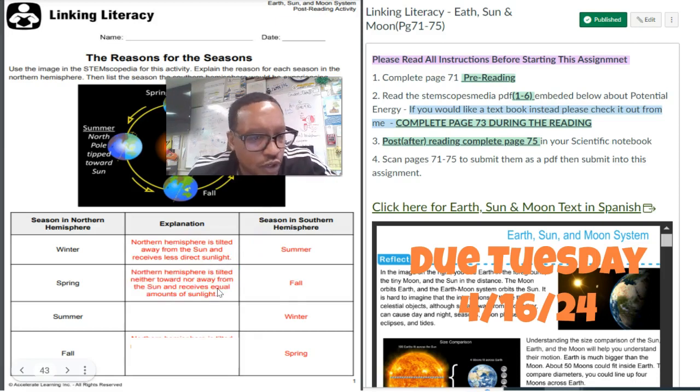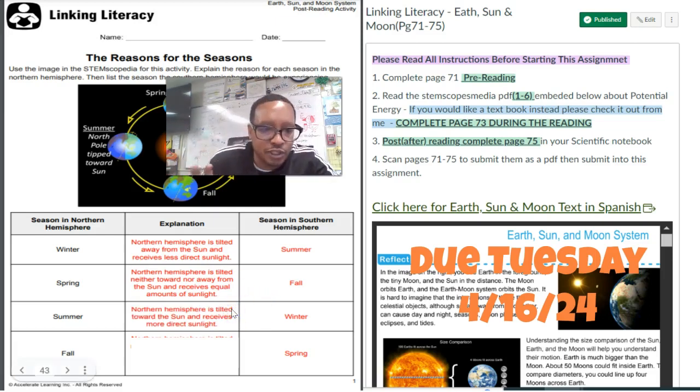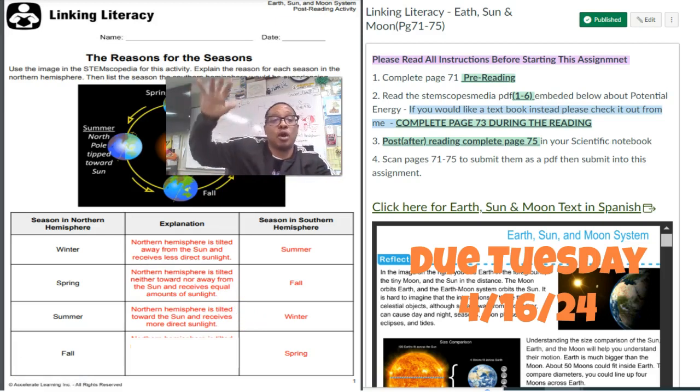Again, in the spring, northern hemisphere is tilted neither toward nor away from the sun and receives an equal amount of sunlight. That's why spring's temperatures are about the same, right? And then when you get this, northern hemisphere is tilted toward the sun and receives more direct sunlight. That's how temperatures go up, up, up, up, up.